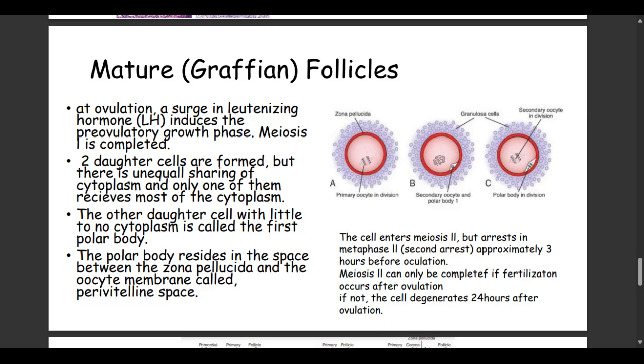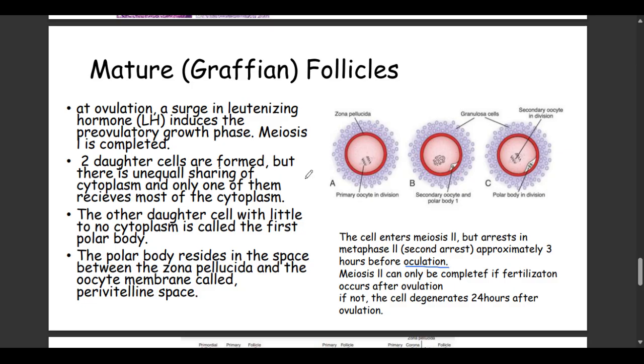So remember, don't forget the first arrest, just before month 5, is in prophase 1 of meiosis 1, and the second arrest is in metaphase 2 of meiosis 2, which happens approximately 3 hours before ovulation.